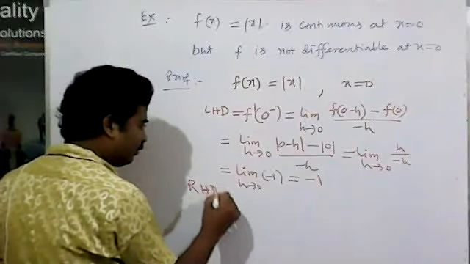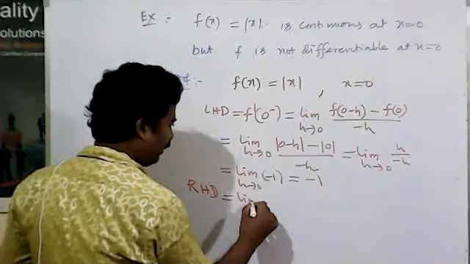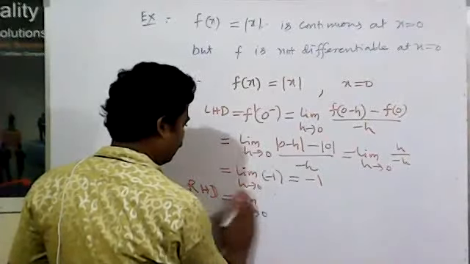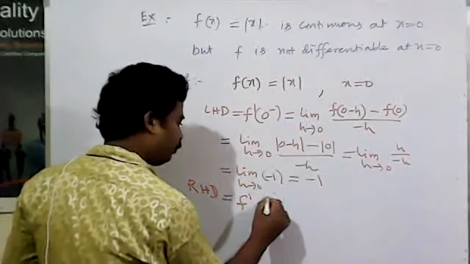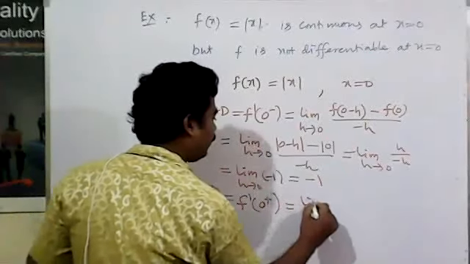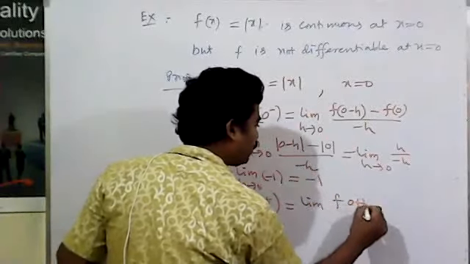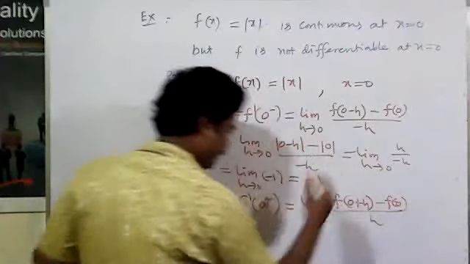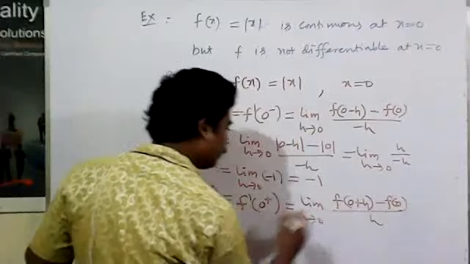Now RHD is equal to limit h tends to 0, that is f dash 0 plus, equal to limit of (f(0 plus h) minus f(0)) by h, where h tends to 0.